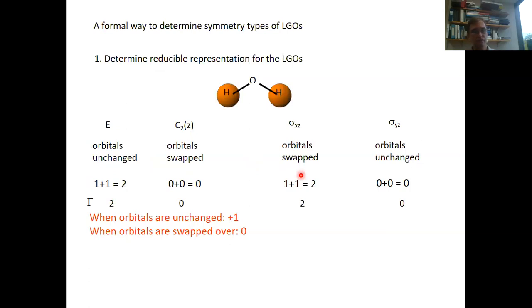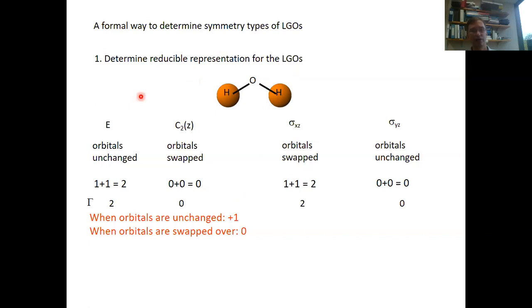Our formalism says that we first have to find the reducible representation, the sum of the irreducible representations, and then determine which irreducible representations the reducible representation is composed of. You can do this by a fairly simple method, the orbital swapping method.